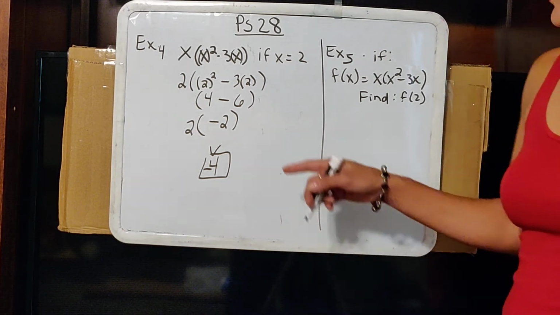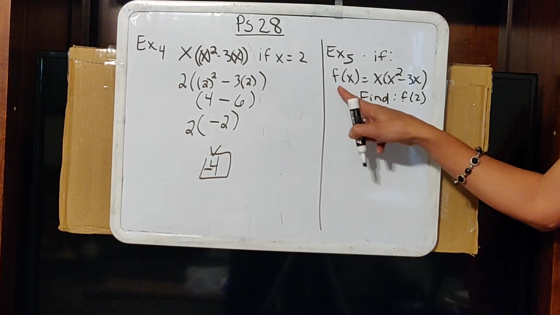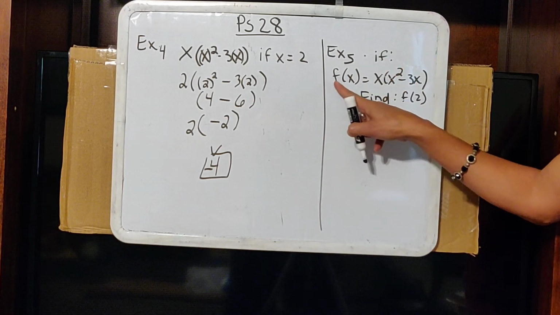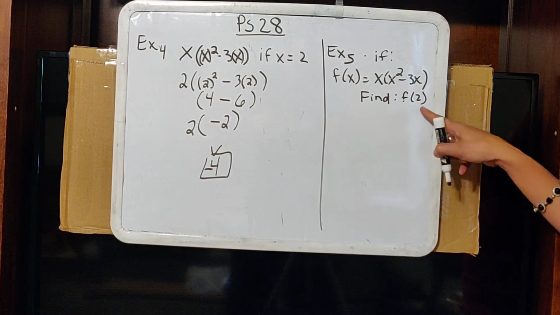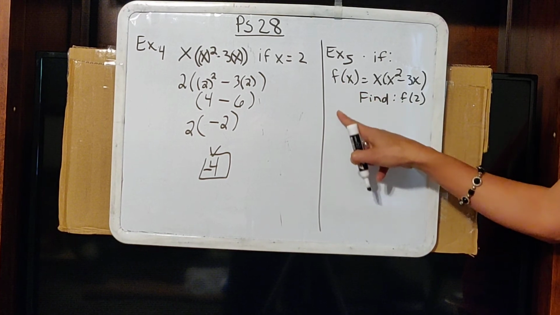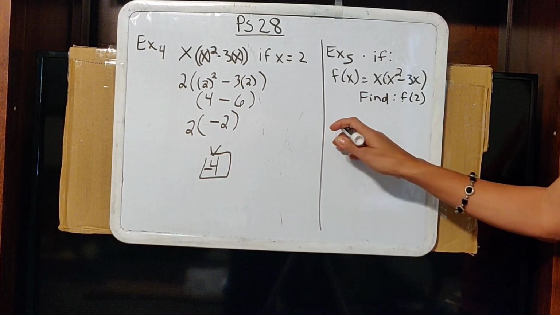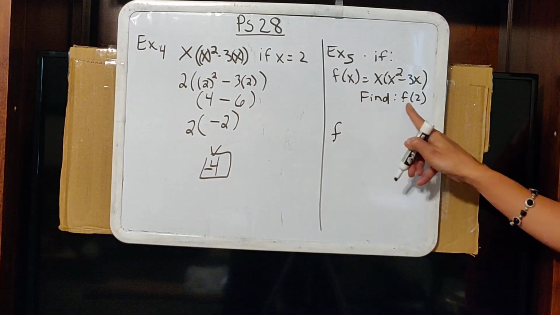let's now look at the function and we'll see how it's going to come up with the same answer. In this case, we're saying if the function of x equals x(x squared minus 3x), then find f of 2. So we're going to take this and we're going to evaluate it or substitute it here. So we're going to leave the f, but in parentheses, rather than putting an x, I'm going to put a 2.